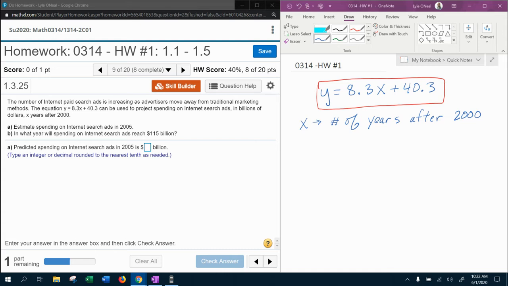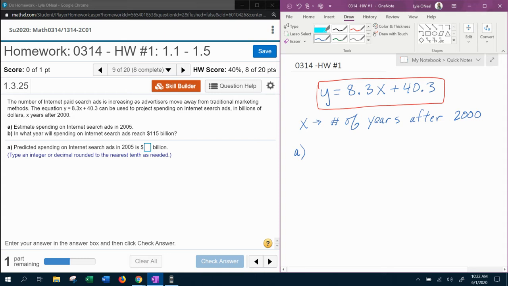So I've got our equation written down over here, as well as the important point that x is the number of years after 2000. We're going to be able to use that information now to solve for part A.